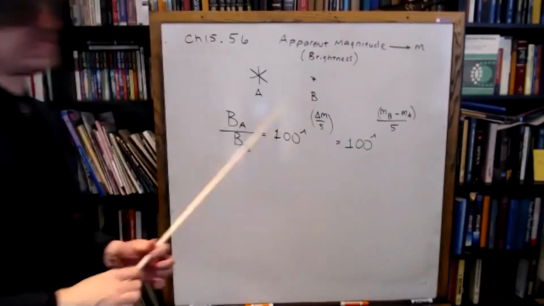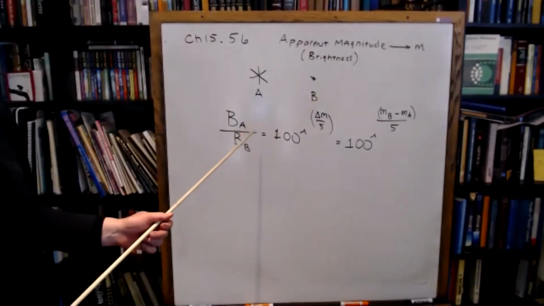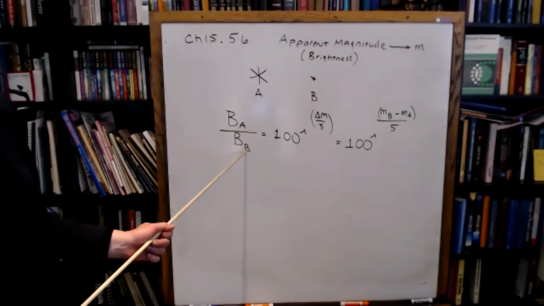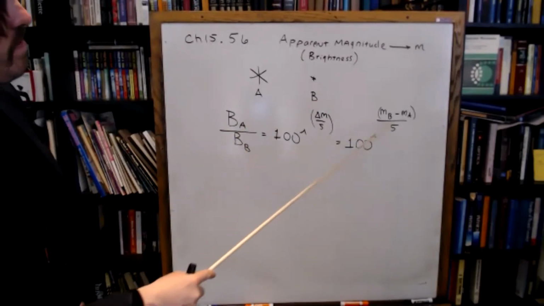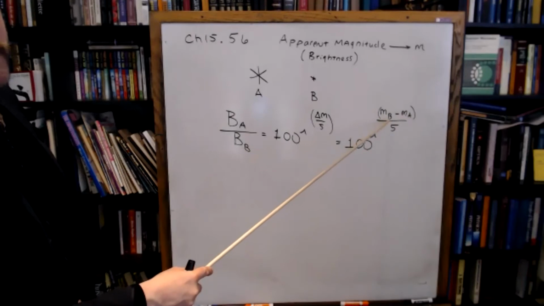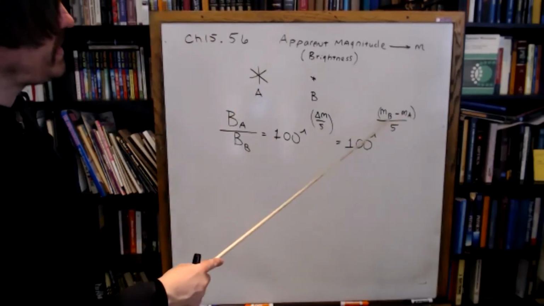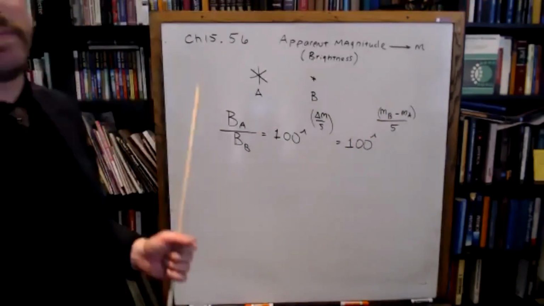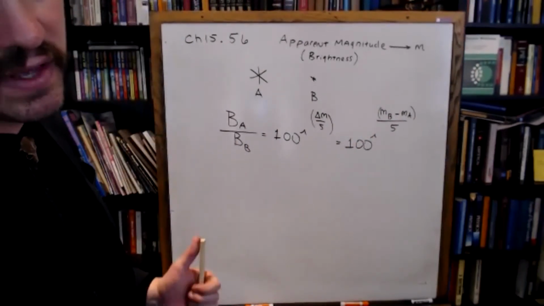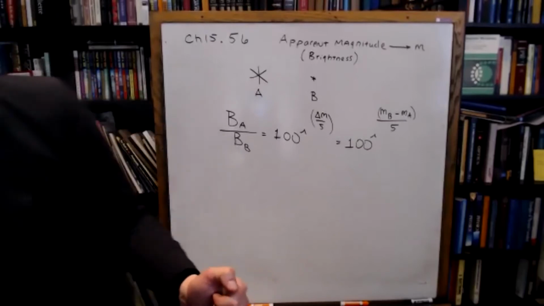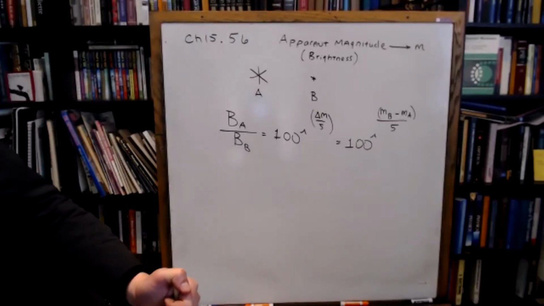I'd like to point out to the class that the ratio here is A star to B star because A is brighter. But when we subtract the magnitudes, it's magnitude B minus magnitude A because the B has the larger magnitude. Magnitudes can be confusing. Whatever. Let's just try part A together. Which is brighter in our sky?